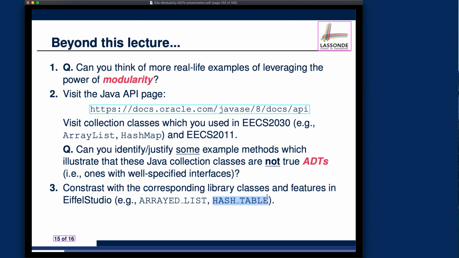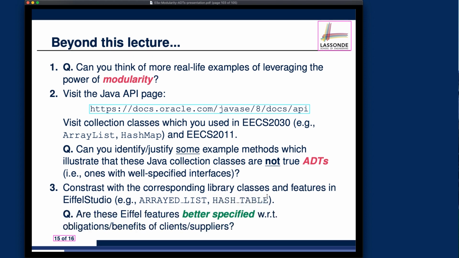So go to the corresponding method, let's say x. Contrast how x is specified or described in Java versus how x is specified using contracts in EiffelStudio and the Eiffel library. Are they better specified? My hypothesis would be they are, but I would like you to experiment and experience it yourself.